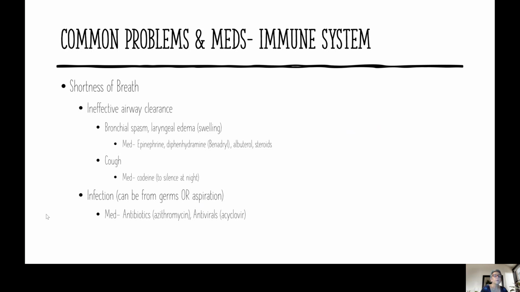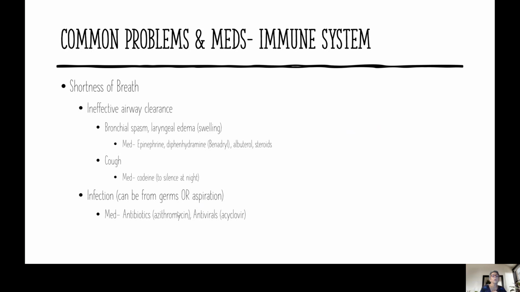And that can happen from the problems that we saw previously with the hypercoagulability, which is a different pathway. It can also happen more commonly with bronchial spasms and laryngeal edema, swelling. What does that sound like in reference to the immune system? It has a lot to do with, say, an anaphylactic reaction, or the bronchial spasm could be from asthma.